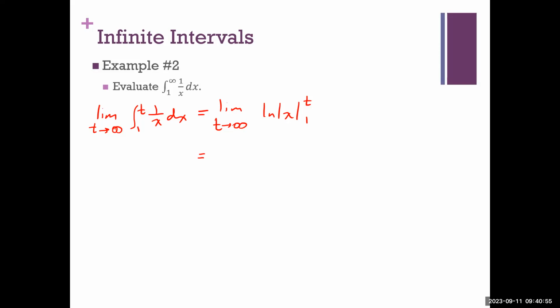We put t, and then we put ln of t. We still want to deal with the limit. I'm going to drop the absolute value because we don't really care about negative values of t.